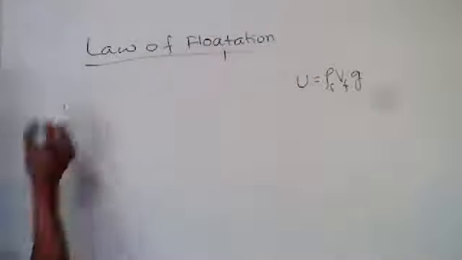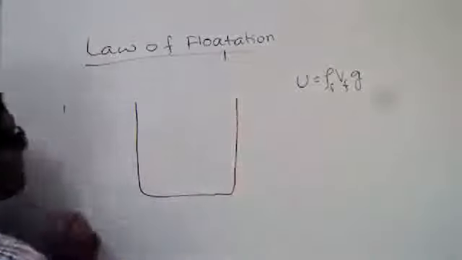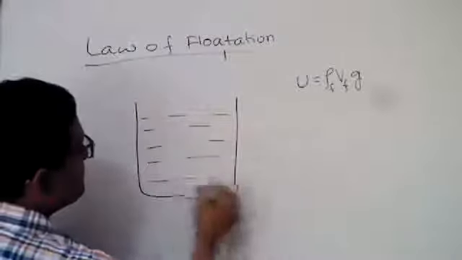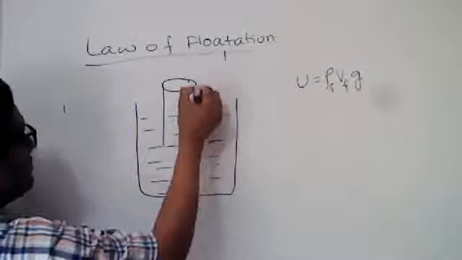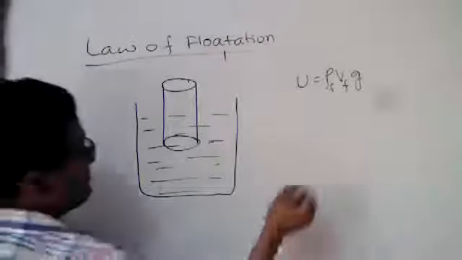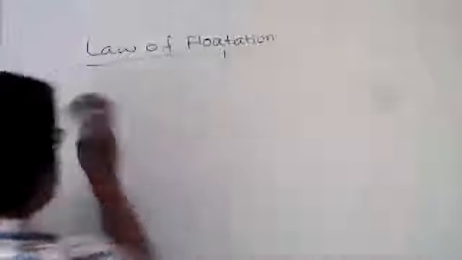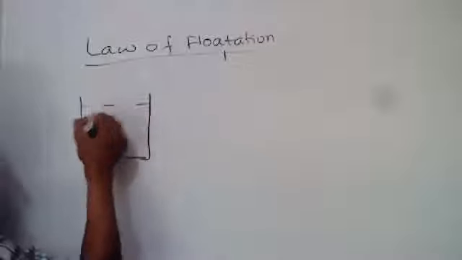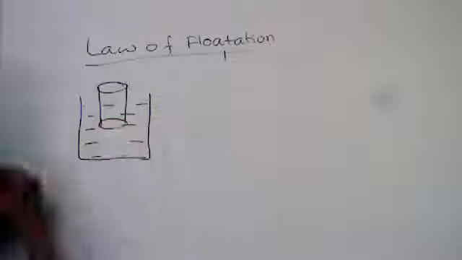Now, suppose there are three positions of the object in the liquid. Suppose this is the vessel, this is the liquid, and this is the position of a cylinder. Here is another position.